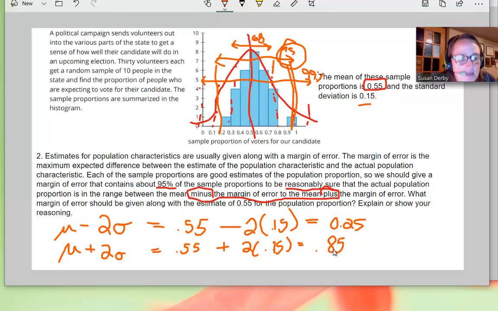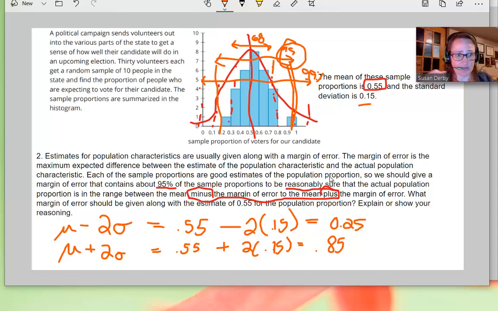So we can be 95% sure that if we polled everybody, if we actually had them vote for this candidate or not for this candidate, we know that the actual percent of people who would vote for this candidate is somewhere between 0.25 and 0.85. That's a pretty big range, right?